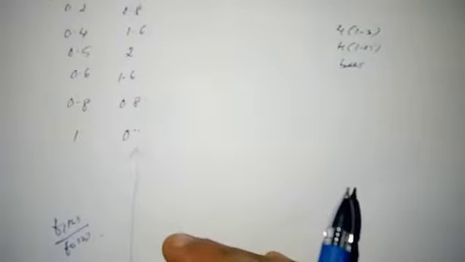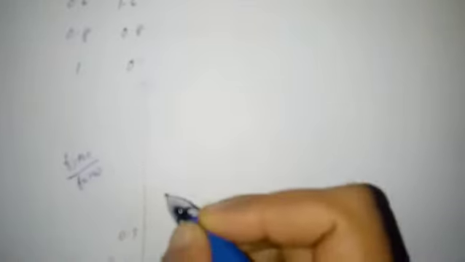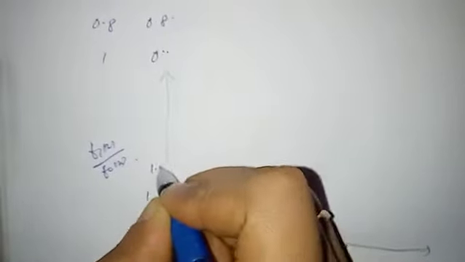Then here these values like 0, 0.8, like this type, right? So we'll take 0, 0.5, 1, 1.5, 2, 2.5.